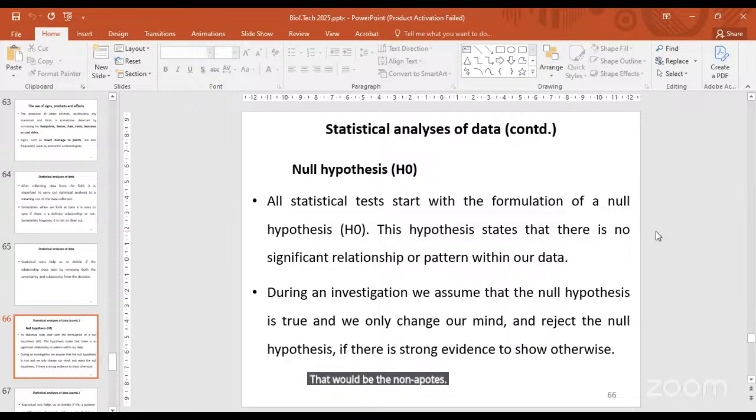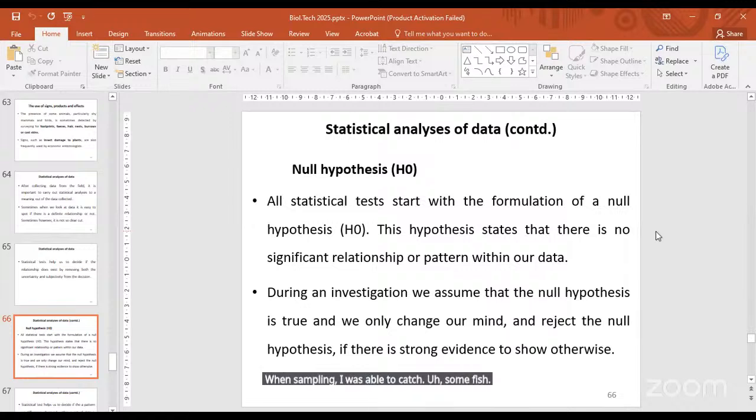You understand? Now, you can only reject the null hypothesis after you have carried out your sampling study, and then you have analyzed it. Say incidentally, when sampling, I was able to catch some fish.